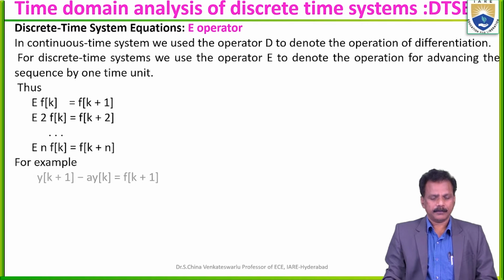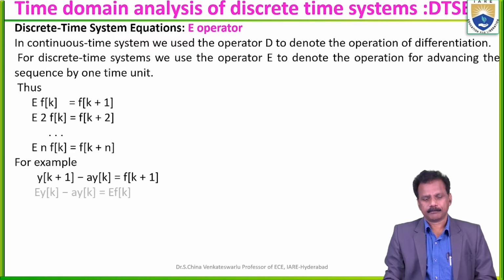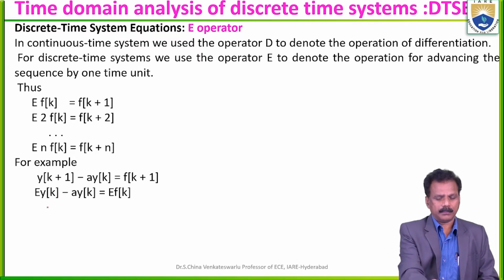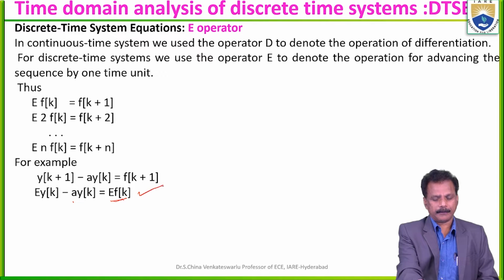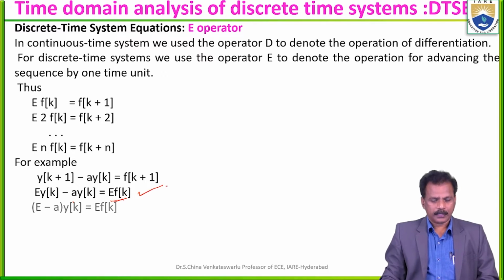Say for example, y of k plus 1 minus a y of k is equal to f of k plus 1. With this, E y of k minus a y of k is equal to E f of k. Okay, so E minus a into y of k is equal to E f of k.